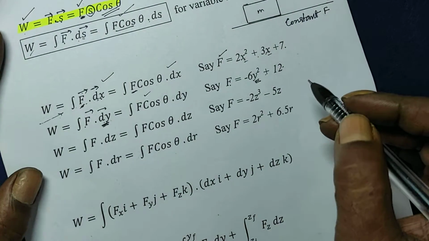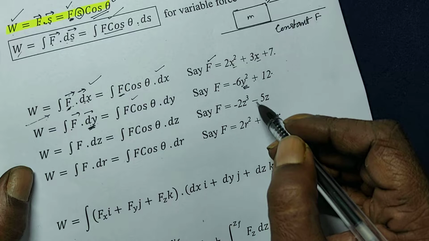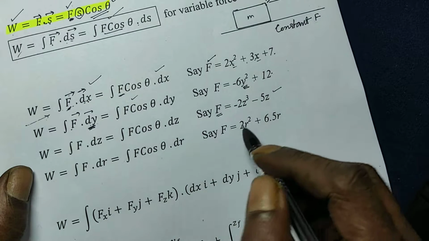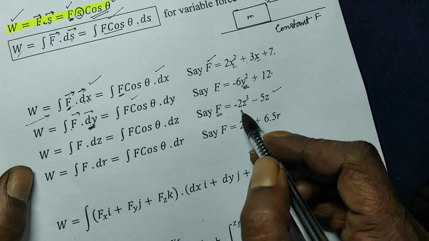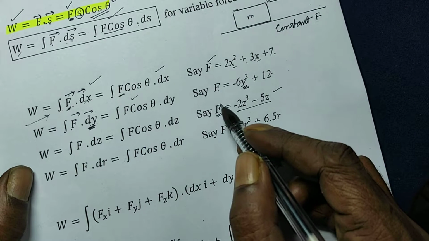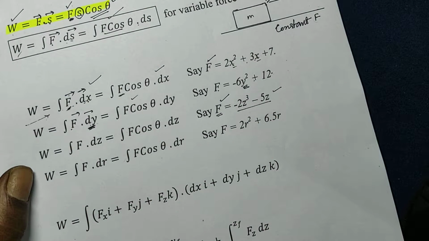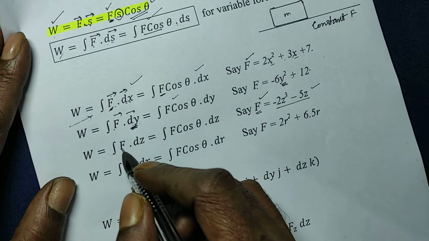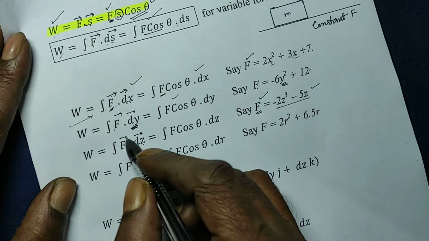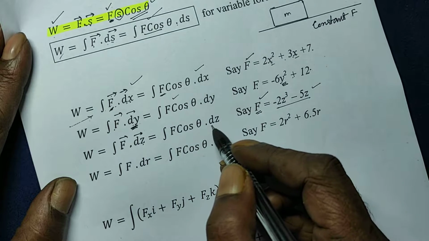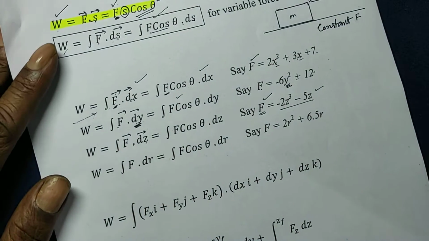Similarly, if F is expressed as minus 2z cube, let's say minus 5z, meaning the force is varying along the z axis, for different values of z, F has different values. So F is variable. Then in the integration sign, you have to use F dot dz, right? Integration of F dot dz, that is F cos theta dz, integration of that.